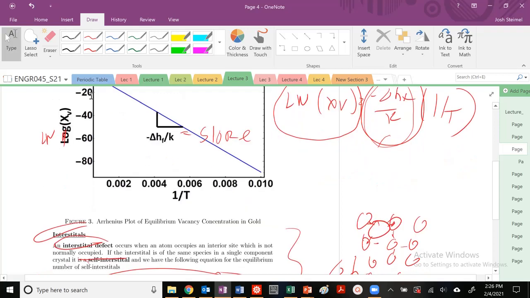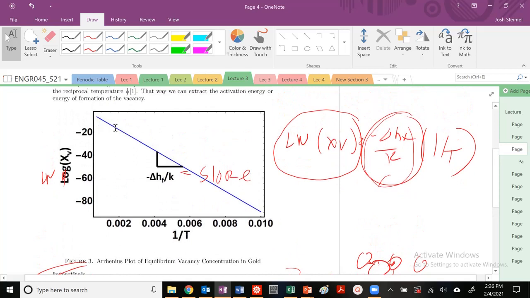So for example, in this graph, let's say minus 20 at 0.002, and then I have, let's say, minus 100. Let's calculate the slope here. It's a little bit hard to read, so this looks like 90.